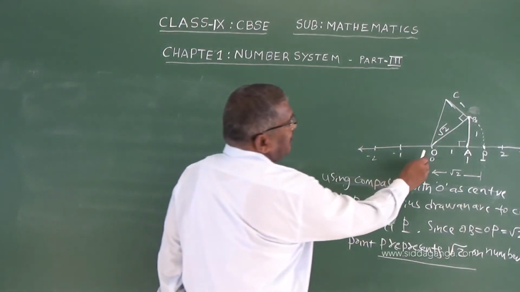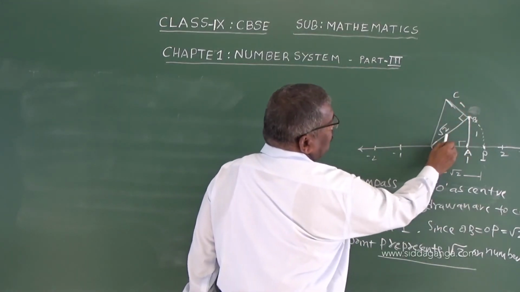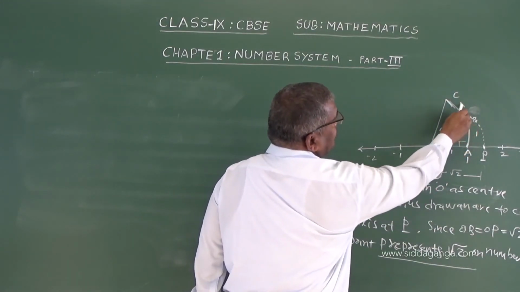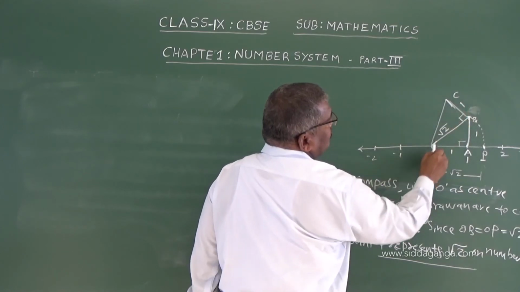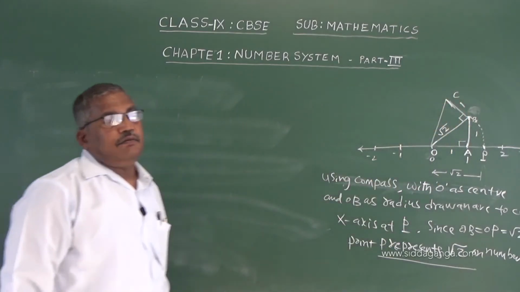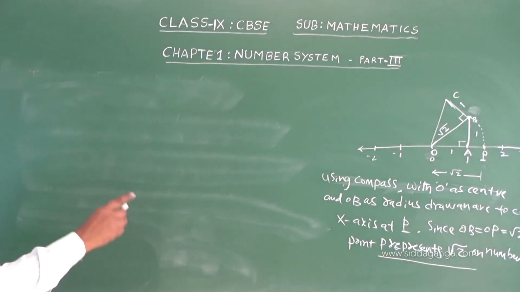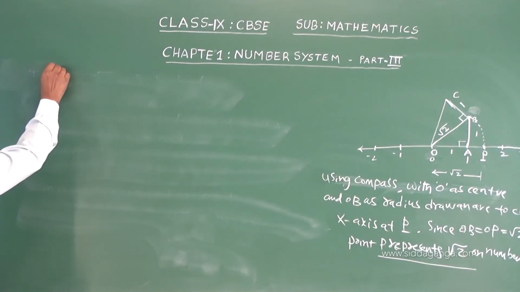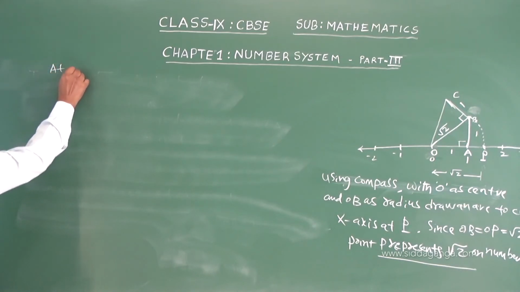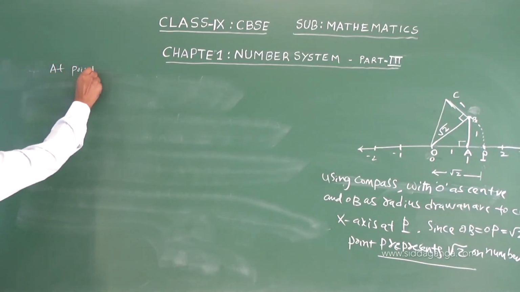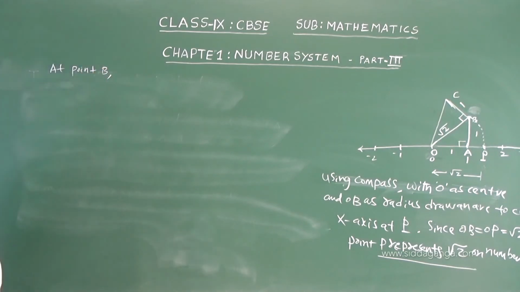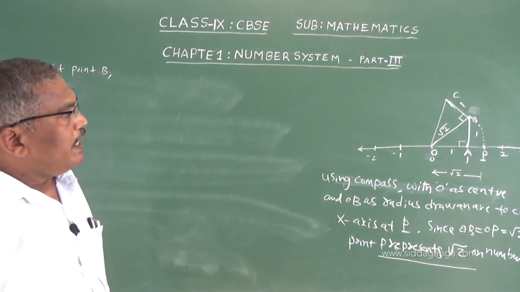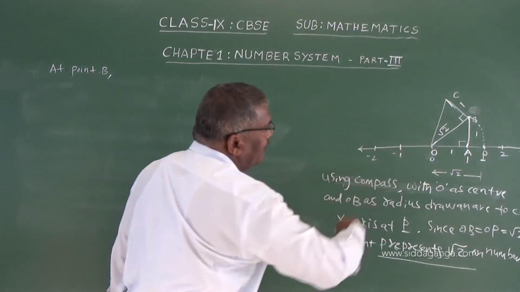Now, in triangle OBC, OB is root 2, BC is 1 unit, and OC we have to calculate. So, now to continue further, at point B, draw a line perpendicular to OB.